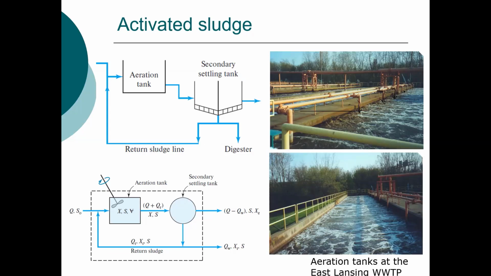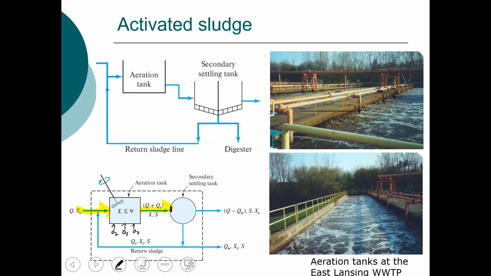What we have is flow in. We have an aeration tank. Think of X as our biomass, S as the substrate, as the BOD. So that's mixed. We're adding oxygen to it. As I mentioned, we'll assume we have a completely mixed system.